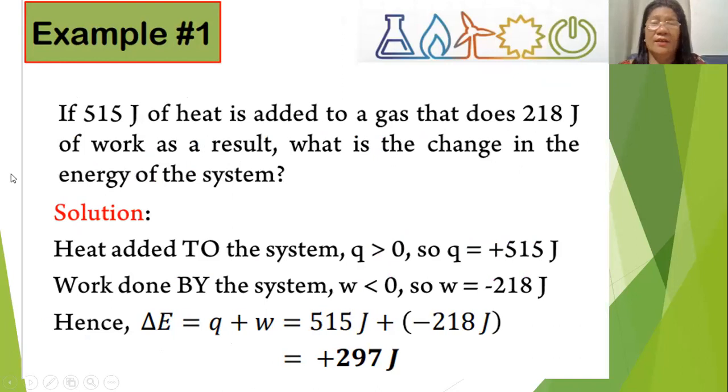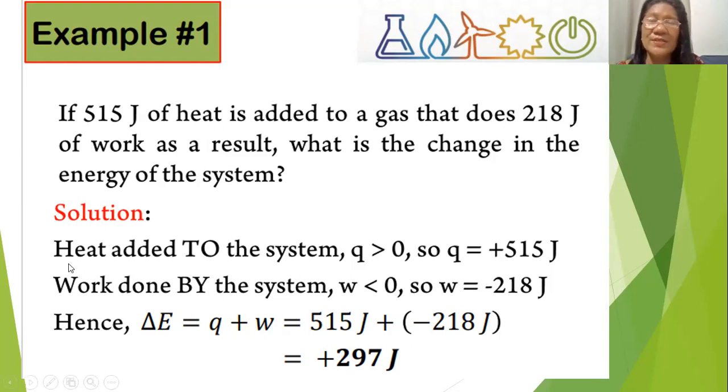Okay, for instance, if 515 joule of heat is added to a gas that does 218 joule of work as a result, what is the change in internal energy or energy in the system? Let us identify first the given. Tanaw nato kung added ba siya or done on the system.